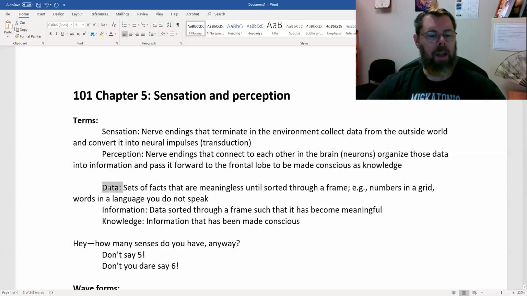So data is a set of facts, points that are meaningless until they're sorted through some frame. For example, numbers in a grid.